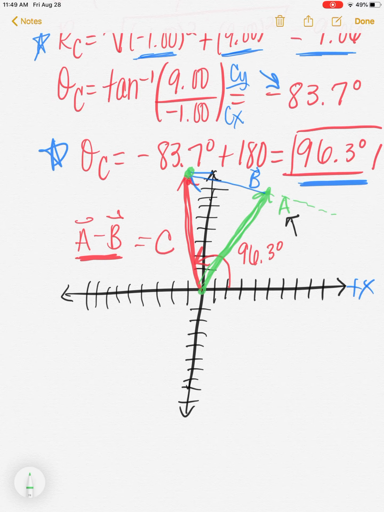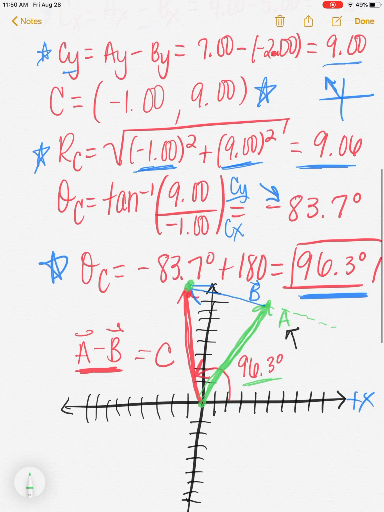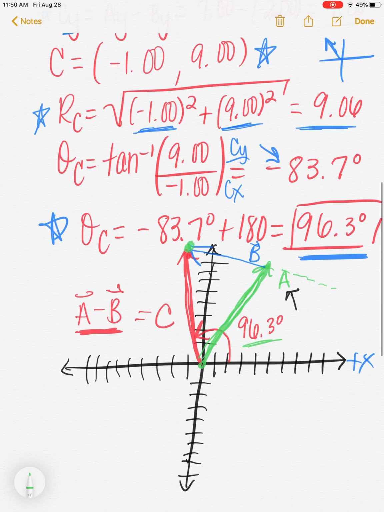Your resultant is from where you started to where you ended, which gives you that red vector right there. And that does, in fact, look like a vector that has roughly an angle of 96.3 degrees from the positive x-axis and a magnitude of around 9.06 overall with respect to the other vectors.